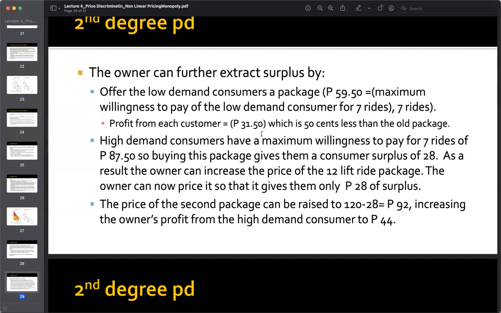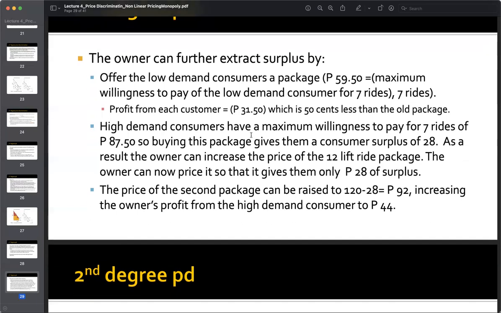Remember, per unit, the cost is 4. So the variable cost is 4 times 7. High demand consumers will have a maximum willingness to pay for 7 rides of $87.50. So buying this package, the low package, gives them a surplus of 28.